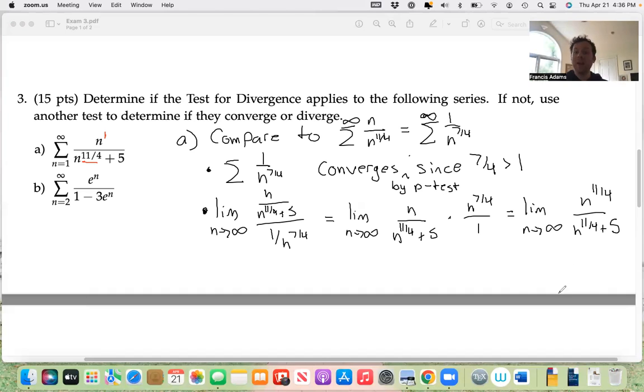And what you should expect to happen is you want those powers to be the same. Because if they're the same, then the limit that you get, there's a horizontal asymptote that's not 0. So this equals 1.